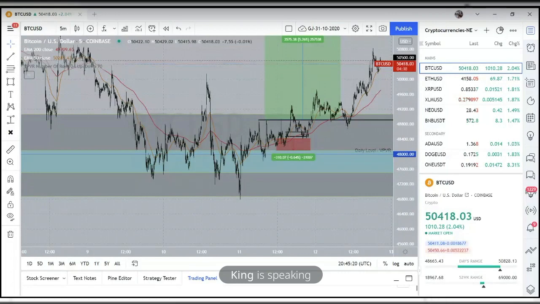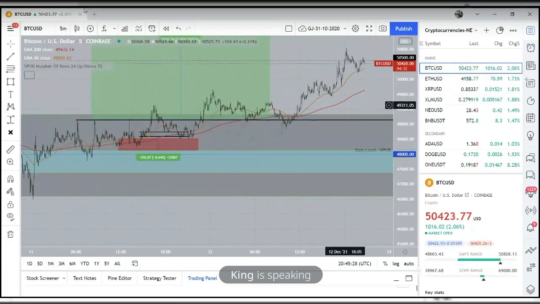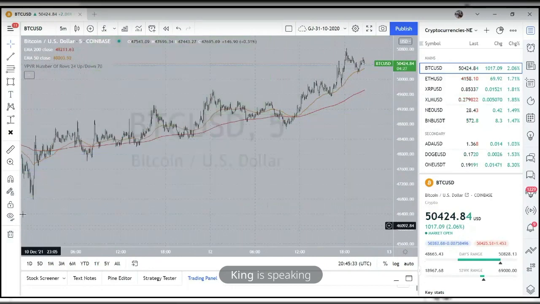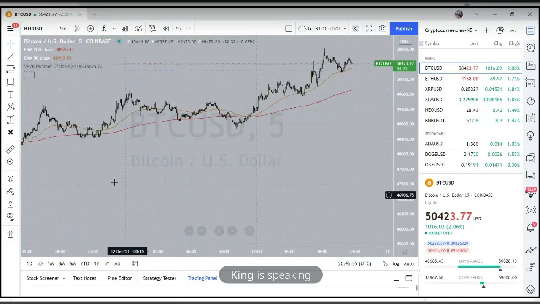I want to quickly go over candlesticks. But yeah, the candlesticks, all they are is just a representation of the ranges of price that has happened within a given time period.